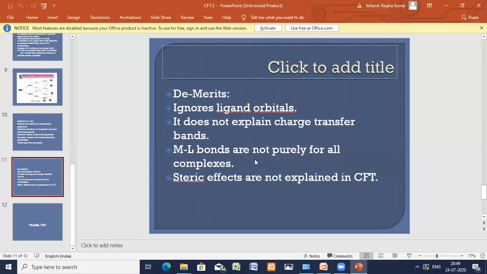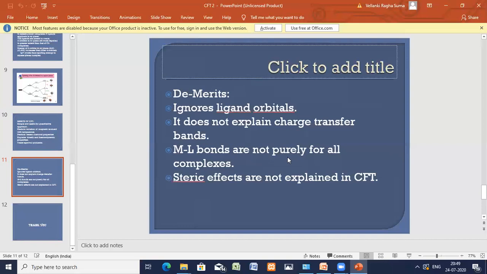Previously, I told you they are electrostatic, pure 100% ionic point charges. But now, the M-L bonds are not purely electrostatic. Most of the complexes are electrostatic, but in some complexes the M-L bonds are not ionic.